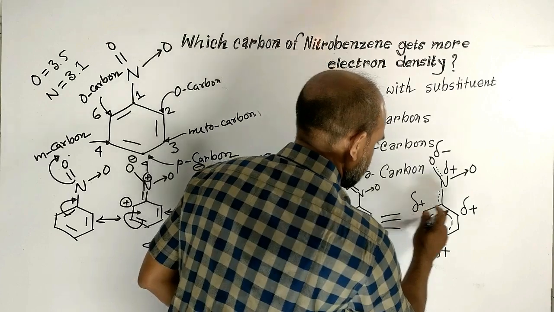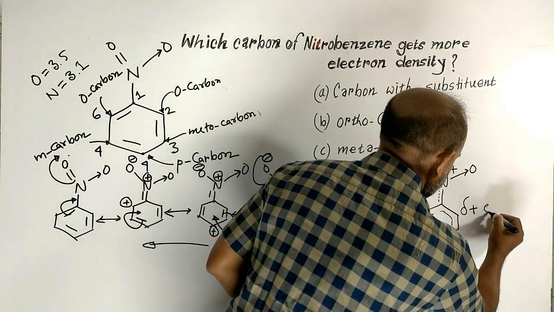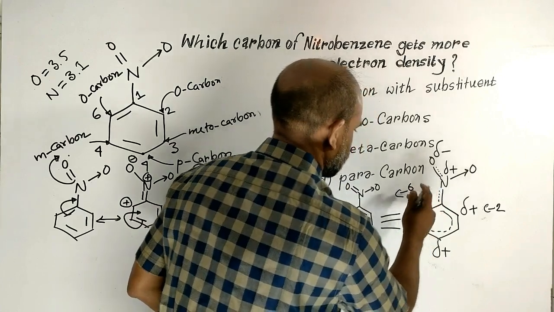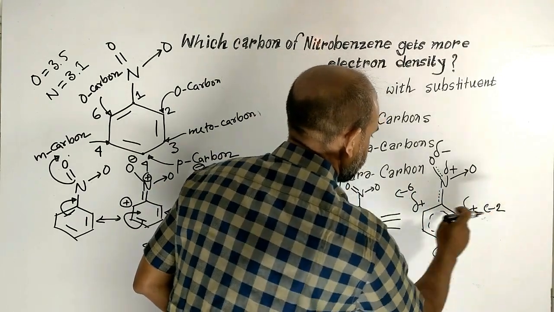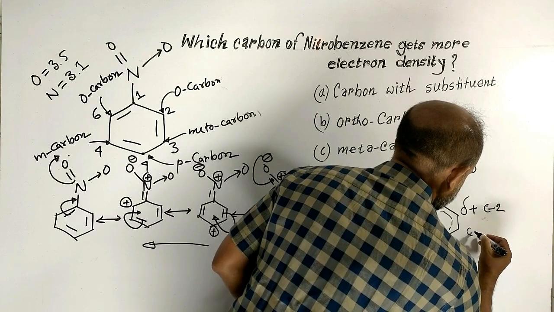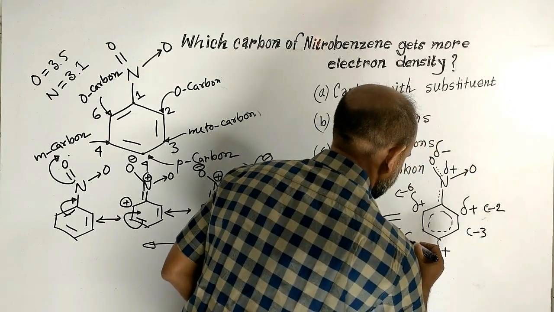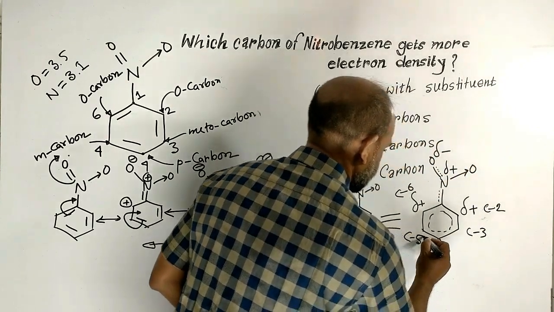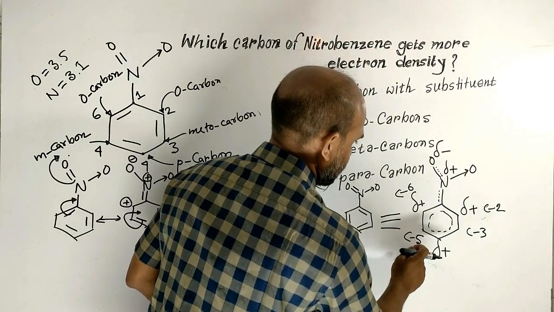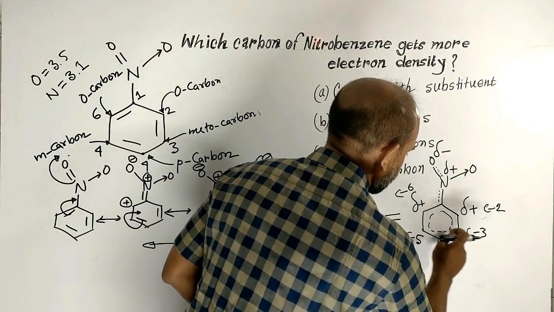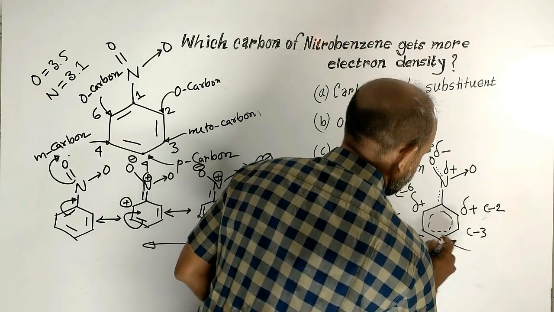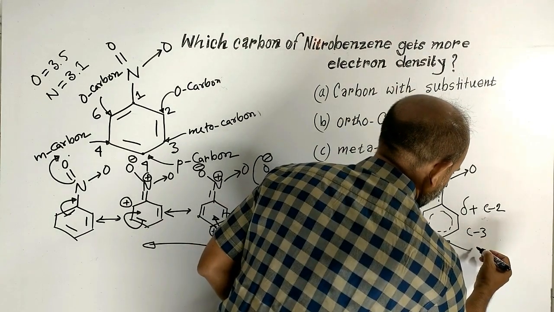That is carbon 2 and carbon 6 become partially positive in charge, and carbon 3 and carbon 5, that is meta carbons, become electronically rich comparatively, and para carbon becomes positive in charge.